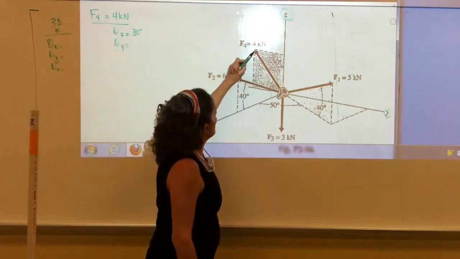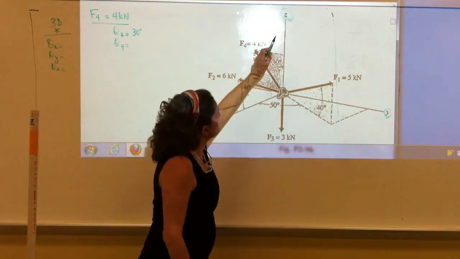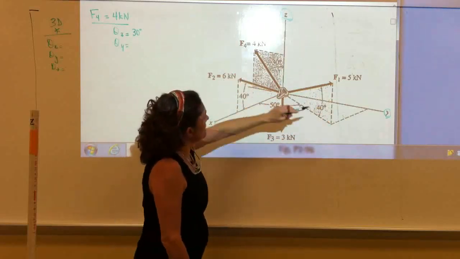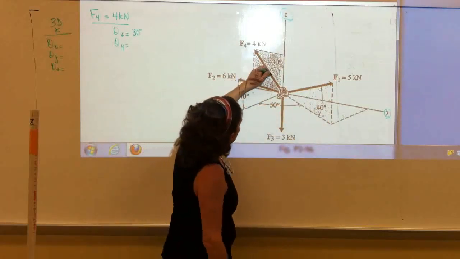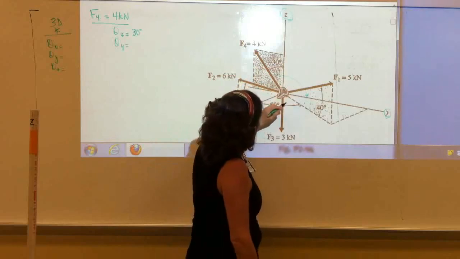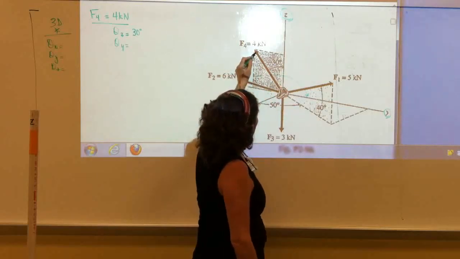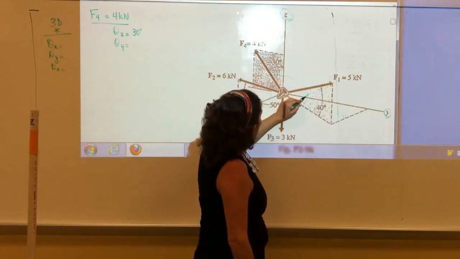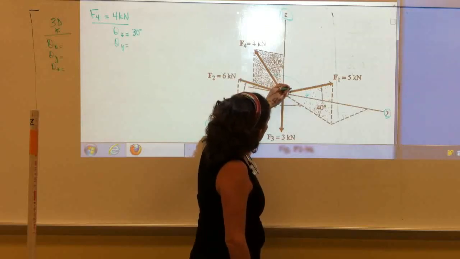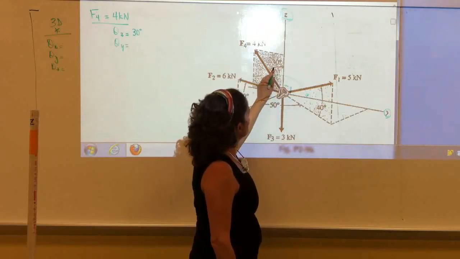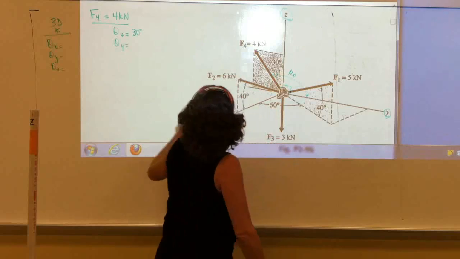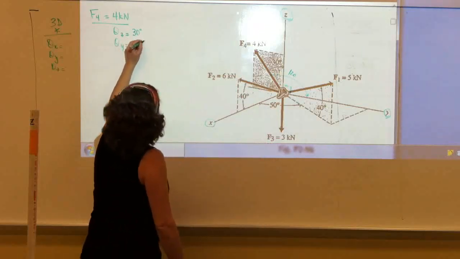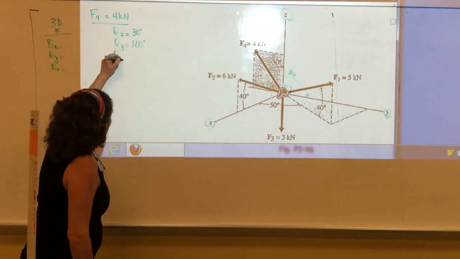We just said that it lies on the YZ plane, so theta y should be this angle right here, the angle between the force in question and the positive y-axis. This right here is 90 degrees plus 30, so it's 120 degrees.